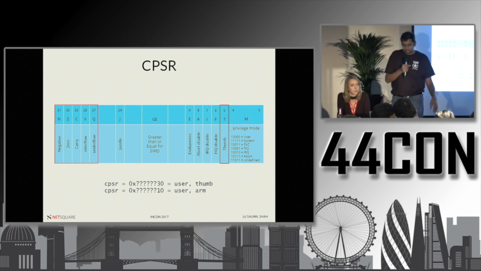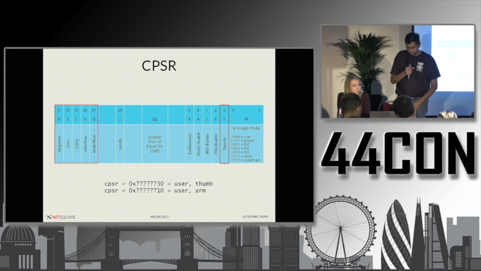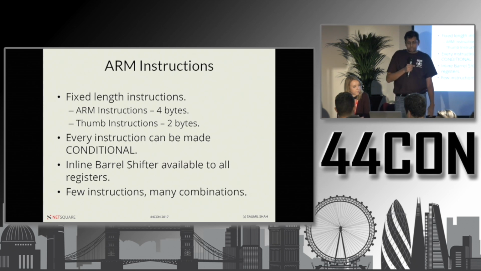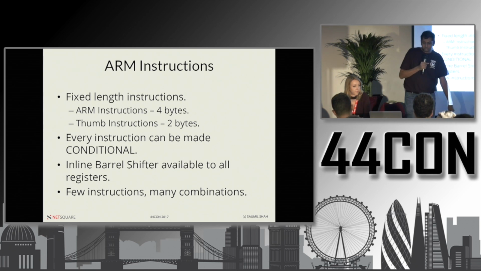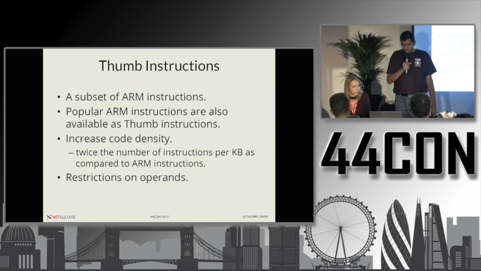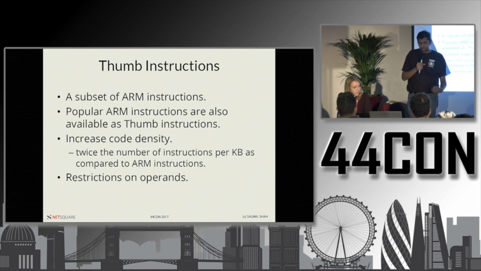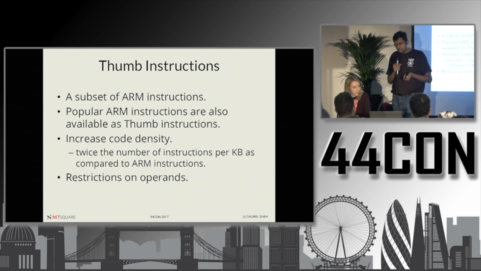So GEF does exactly this, but it's cross-platform. ARM instructions, as I mentioned, are all fixed length: 4-byte ARM, 2-byte thumb instructions, inline barrel shifter, few instructions, many combinations. We talked about what thumb instructions are. They're the most popularly used instructions.